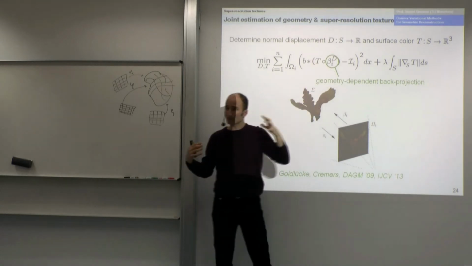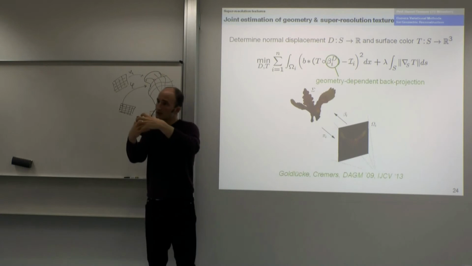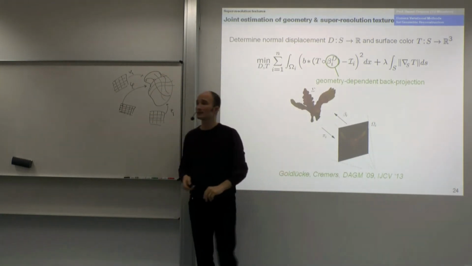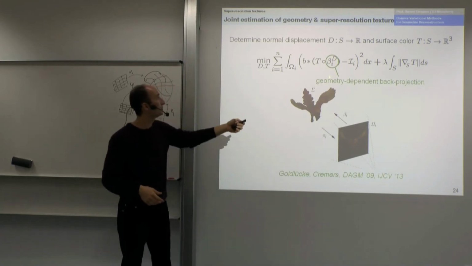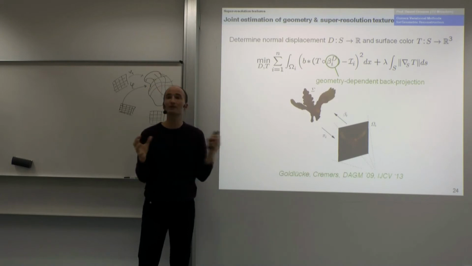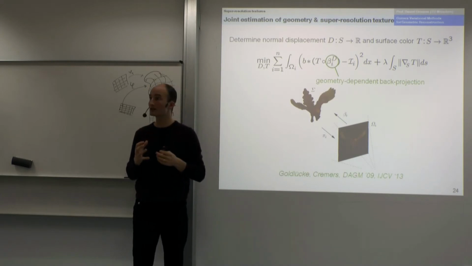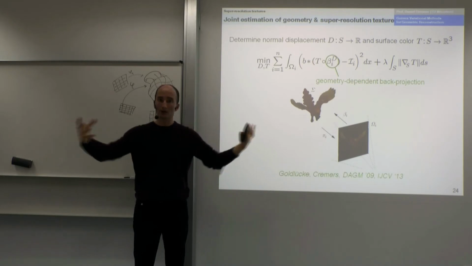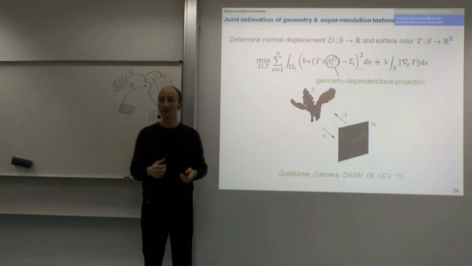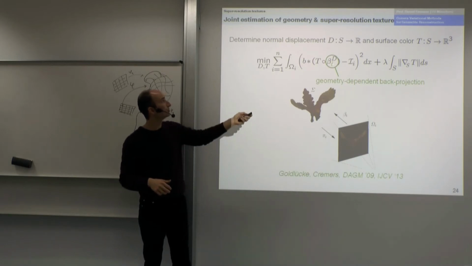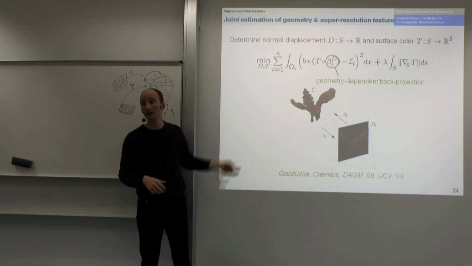This back projection models the back projection to the surface. If the surface changes a little bit, then the beta here changes. And so we can allow perturbations of beta and check which perturbation of beta gives a better color consistency. I want a geometry such that all color back projections are consistent. And I can measure that in the same cost function, and that way improve both the geometry and the color.